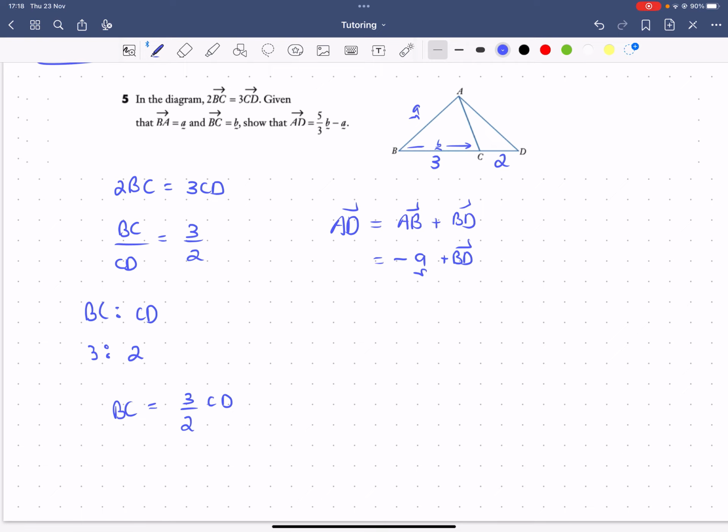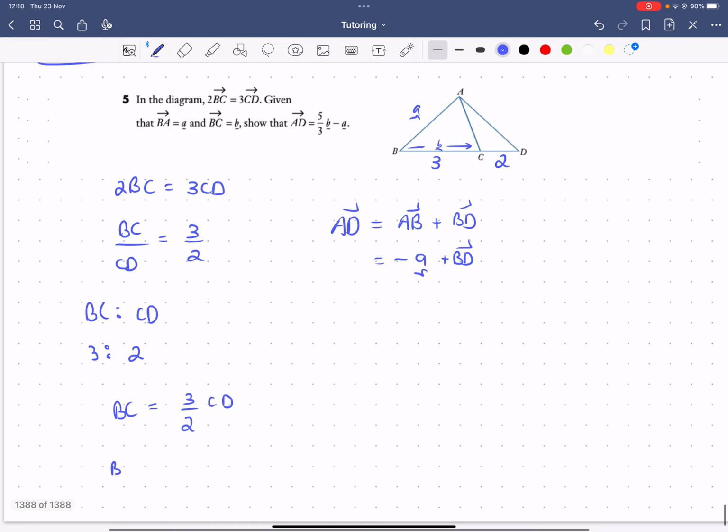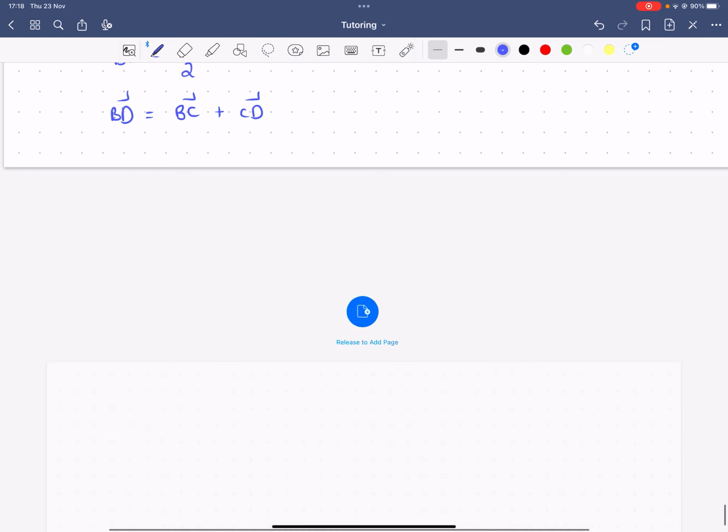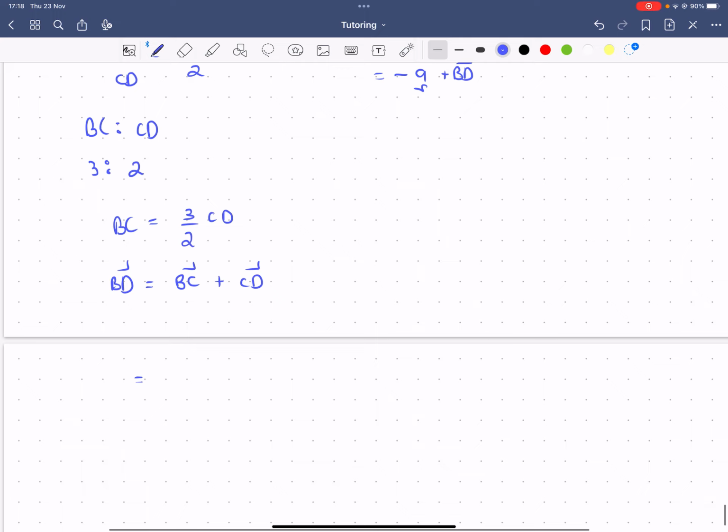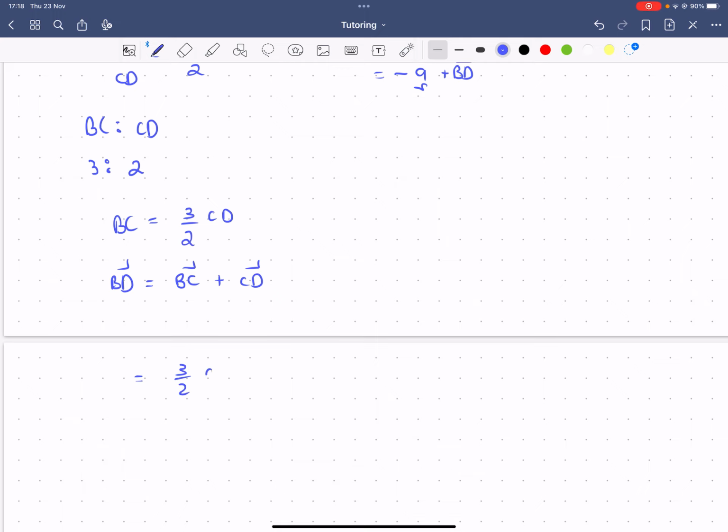We also know that BD is equal to BC plus CD. So BD is 3 on 2 CD plus CD.